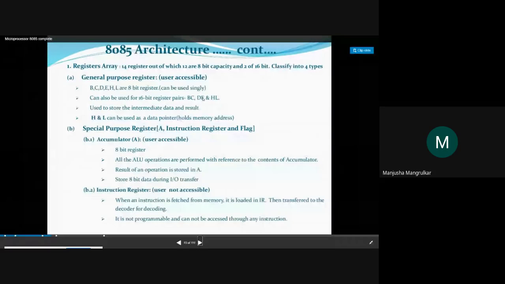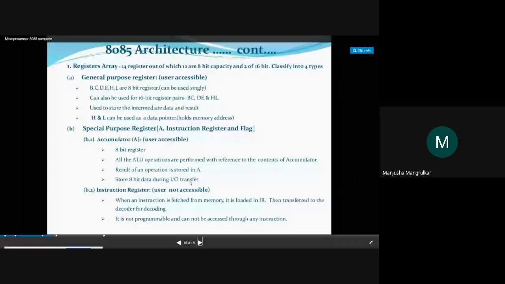Special purpose registers: the accumulator and the flag register. The accumulator is user accessible. All the ALU operations are performed with the accumulator as a reference, and the result of the operation is stored in A, which also holds 8-bit data during input-output transfer, right?